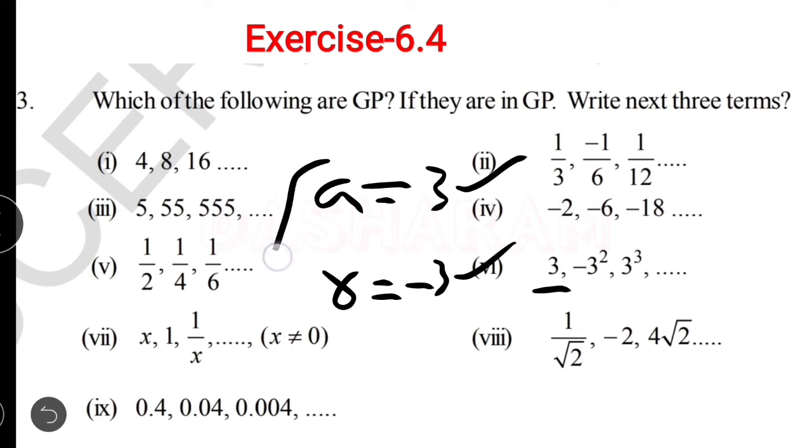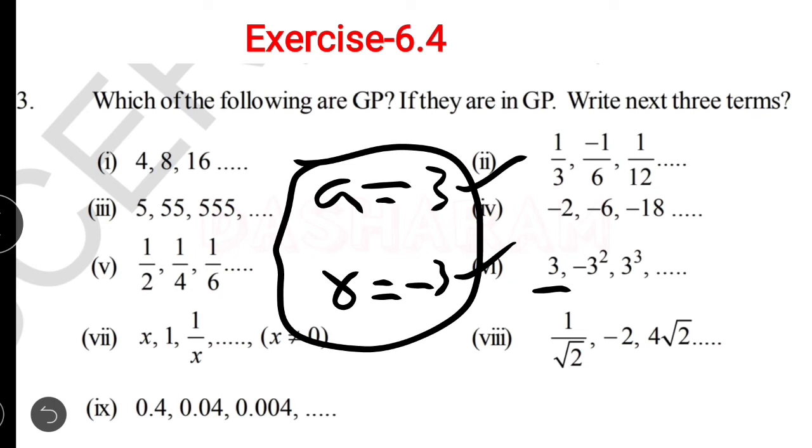So using these two values, let's write the next three terms. Here, how many terms are given? A1, A2, A3. Only 3 terms are given, na? Next A4, A5 and A6. Yeah, how to find A4? As per the definition of geometric progression, each term is obtained by multiplying the preceding term.